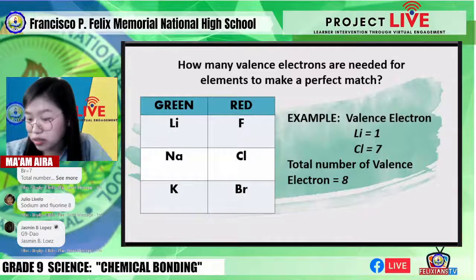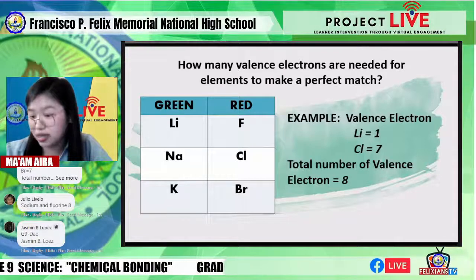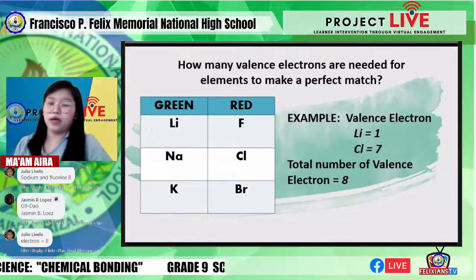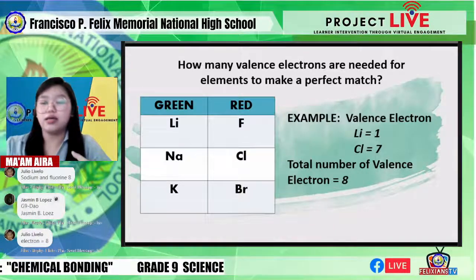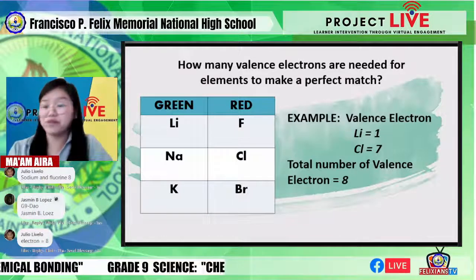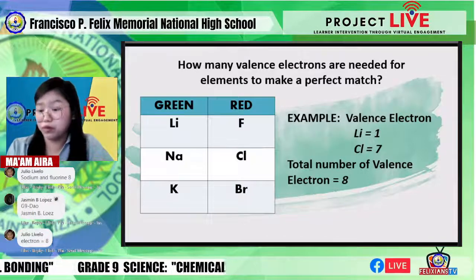We have total number of valence electrons 8. Okay, so that's it. That is the main point of the activity: for you to identify a perfect match for each element for them to become stable.